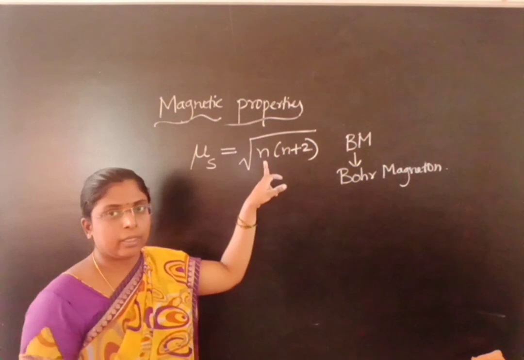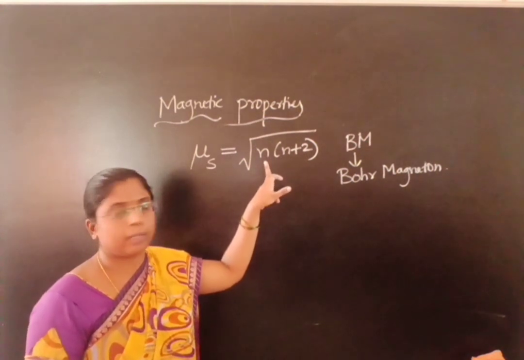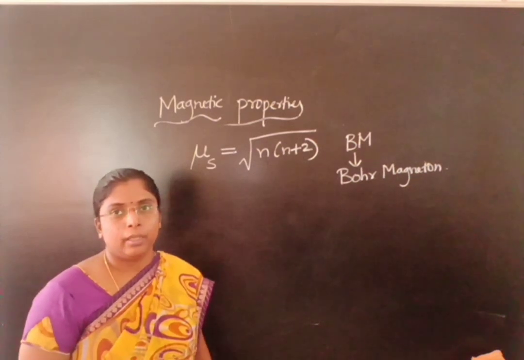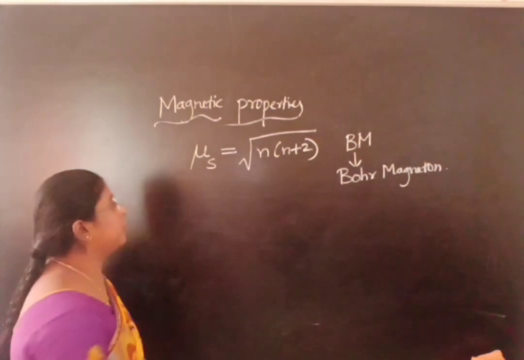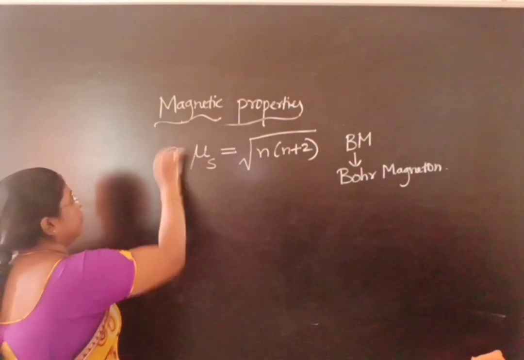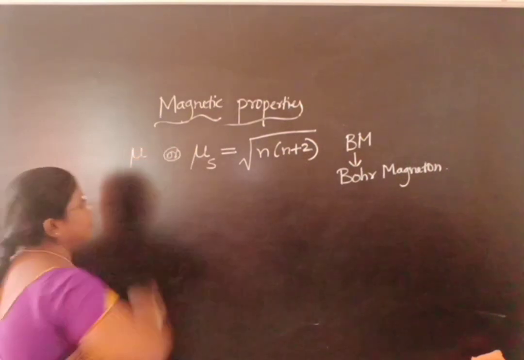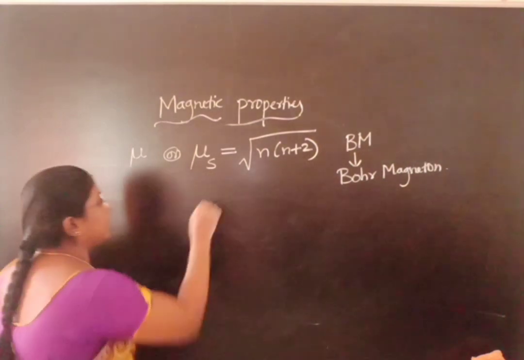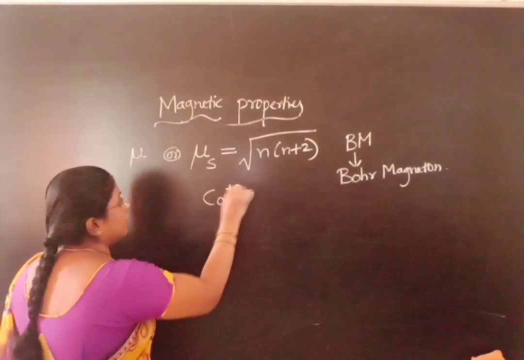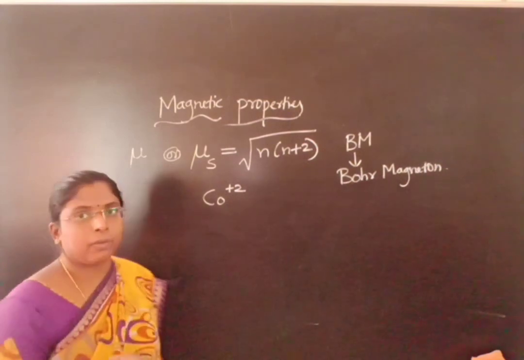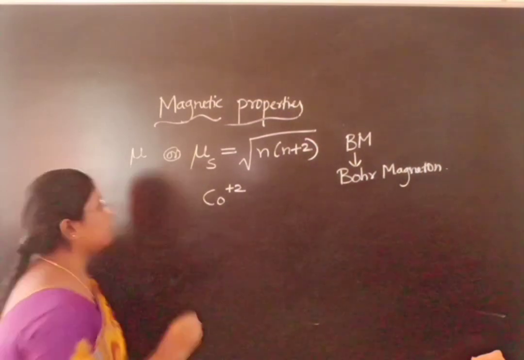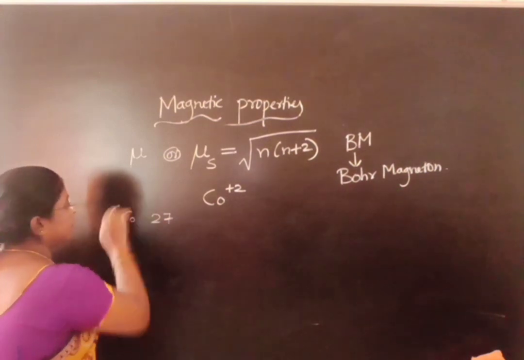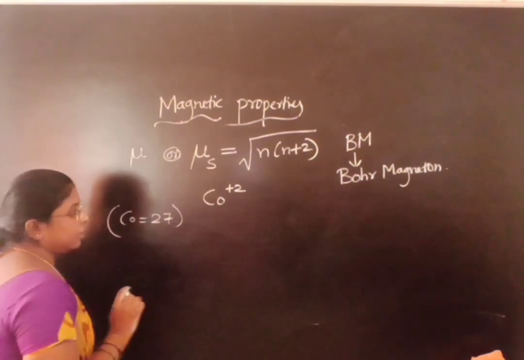Here, n indicates the number of unpaired electrons, and mu or mu s indicates the spin magnetic moment. You can just write mu or mu s. Let us take one example. If I take cobalt, calculate the magnetic moment of cobalt plus 2. The atomic number of cobalt is 27.